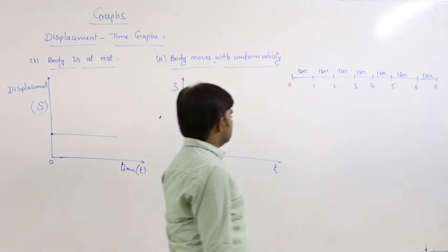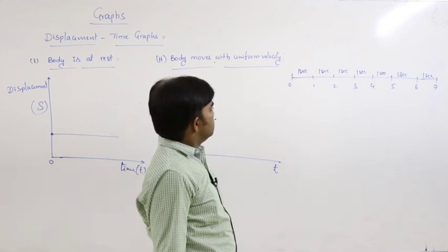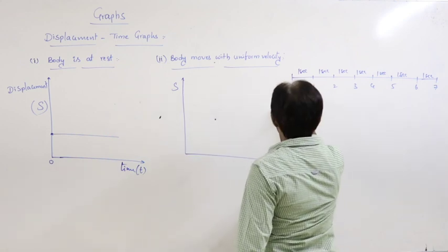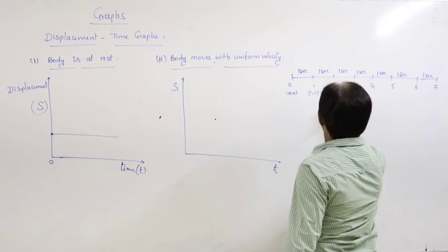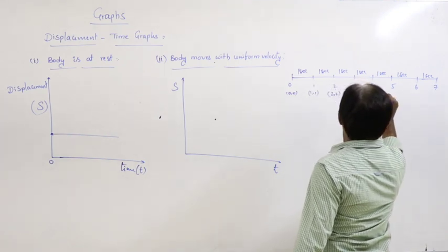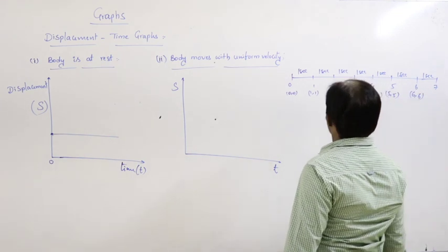This is called uniform velocity. So here it is (0, 0), (1, 1). From here to here it is (2, 2). This is (3, 3), (4, 4), (5, 5), (6, 6), like that.